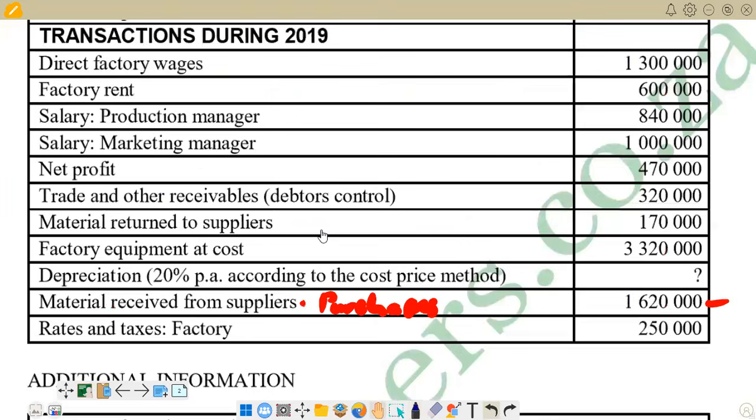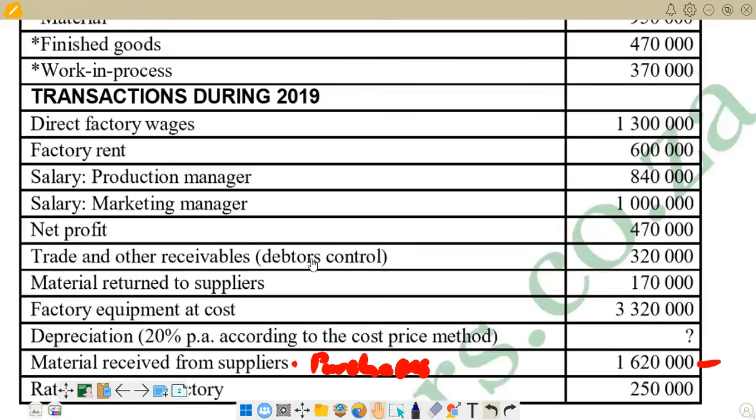If you come here, where we have got the transactions for 2019, that's where we can find them. We have got rent. Remember, this one is also a fixed cost. We have got 600,000 factory rent, so we can put that one.